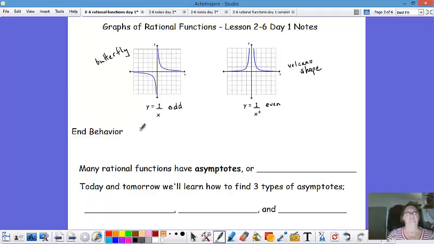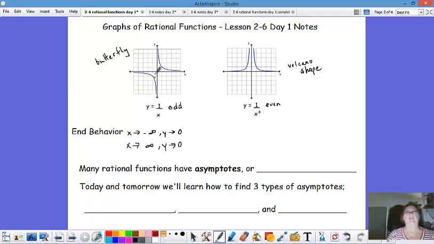End behaviors for these guys are, well, you can see them very clearly. As x goes to negative infinity, so when we think about very small values of x, y goes to not infinity, but y approaches 0. As x approaches positive infinity, way out here, y also approaches 0.